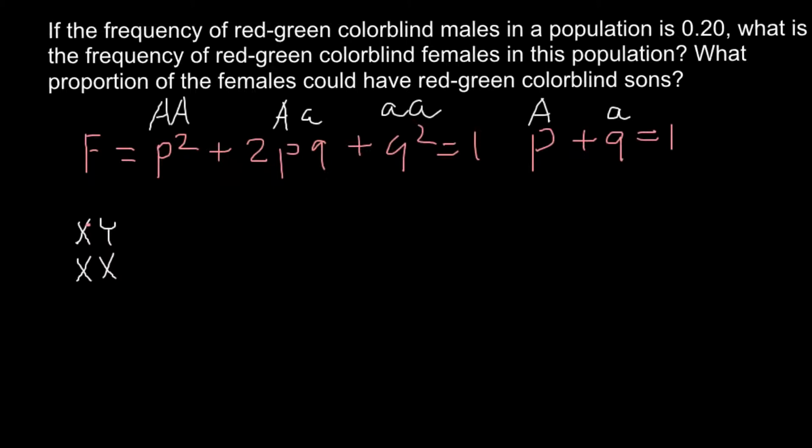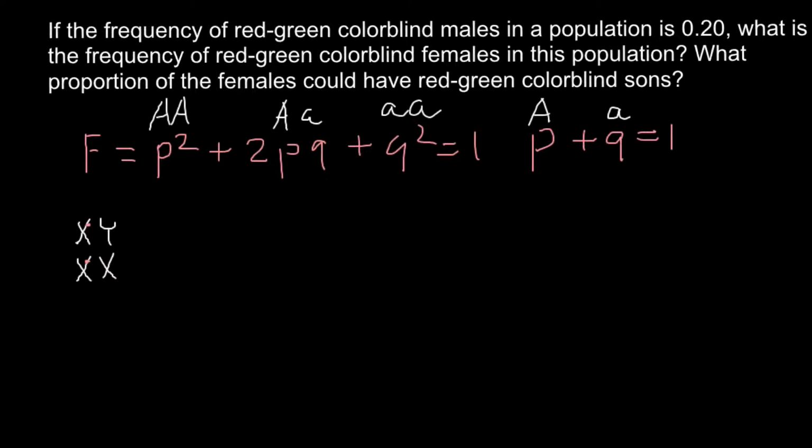But if a female has the genetic disorder on one of the X chromosomes, she would be phenotypically normal because this is a recessive genetic disorder. So she might have one of three different genotypes.